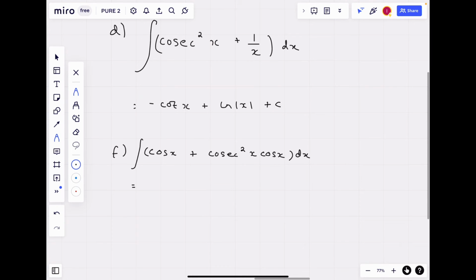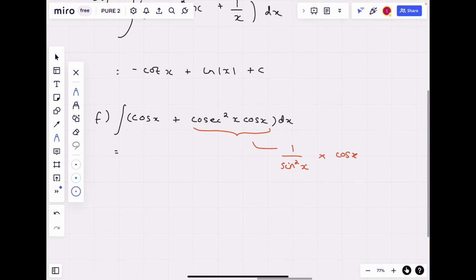And now, from here, you want to now simplify this part. So cosec squared is the same as 1 over sine squared times cos x. So 1 over sine x times cos over sine x.